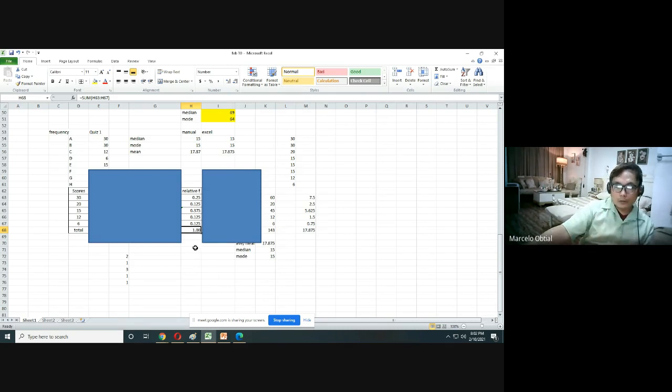Okay, so add dito 0.25. Okay, add natin ito, that will give us 0.6, no? 0.6 ba? Okay, so I think that's correct, no? Point ano na siya? 0.7 pala. Nandito siya, nabilong siya dito.